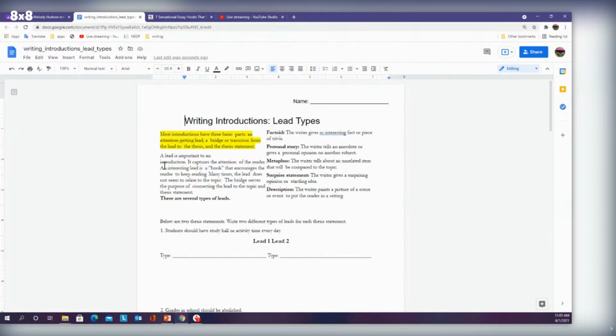It captures the attention of the reader. An interesting lead is a hook that encourages the reader to read more. Sometimes, or many times, the lead does not seem to relate to the topic. And so the bridge serves as the point connecting the lead to the topic and the statement.